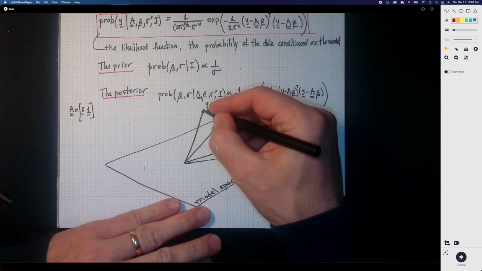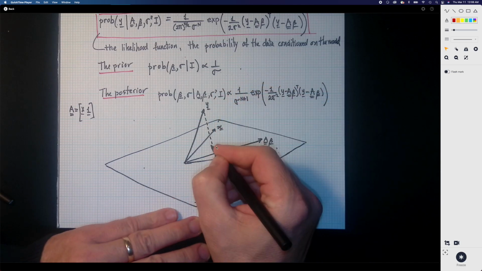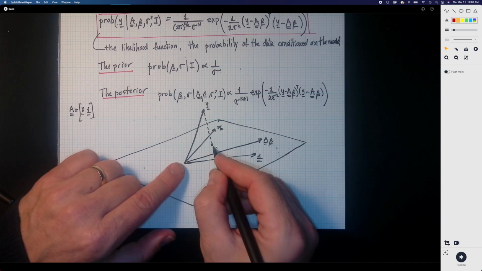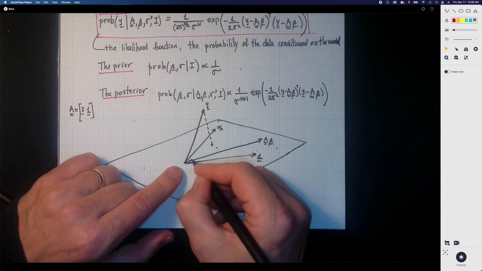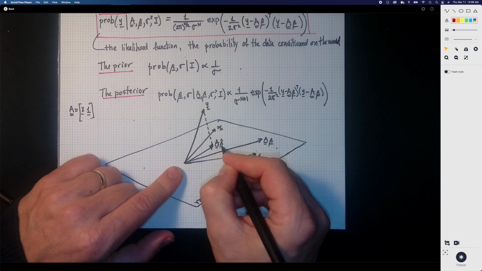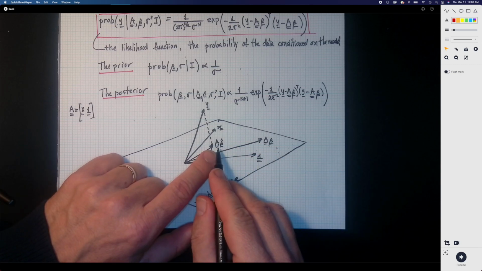If I drop a perpendicular onto this plane, the point I get over here is the projection, and that gives me this vector, A times beta hat, where beta hat is the solution of the normal equations that we get when we want to find the projection.